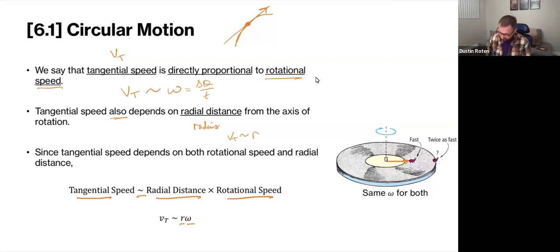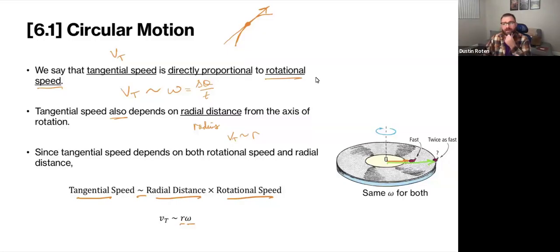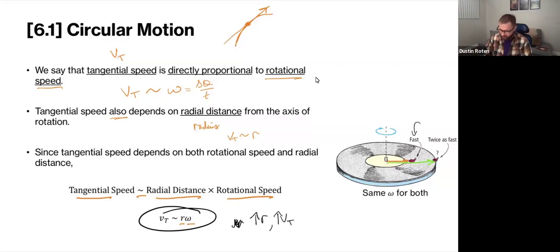The second ladybug has double that, which means that even though this ladybug is going fast, if you increase, notice the equation here, if you increase r, the radius, your tangential velocity also has to increase. So even though this first ladybug is going fast, if you double the radius to r, you're going to go twice as fast.